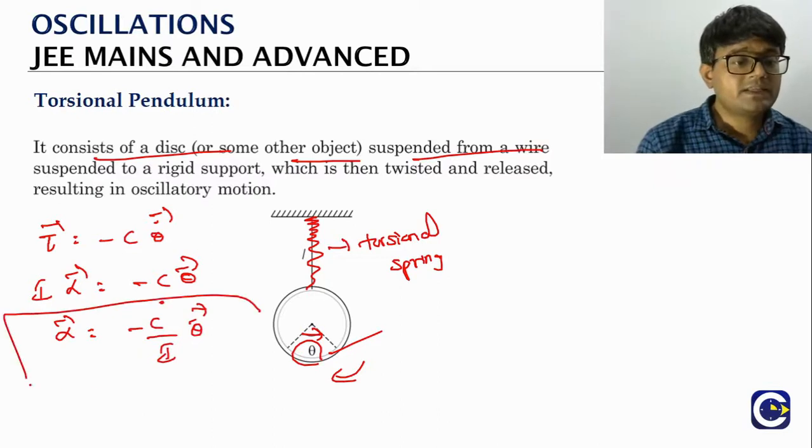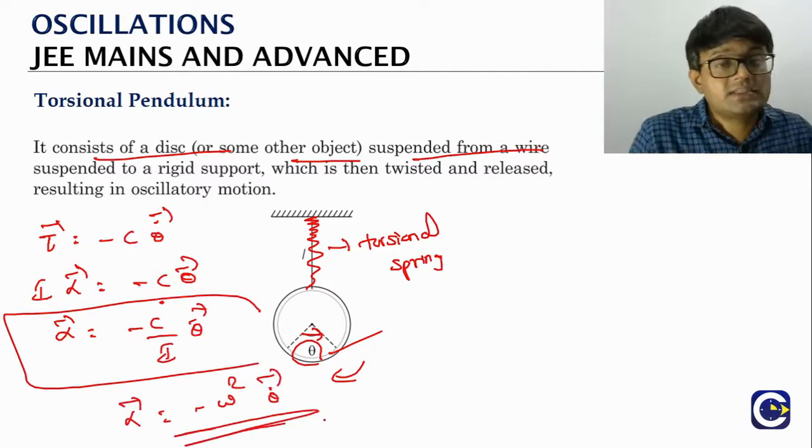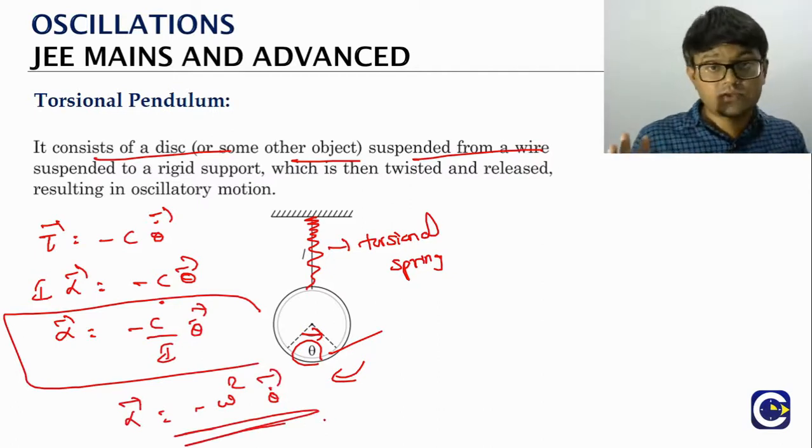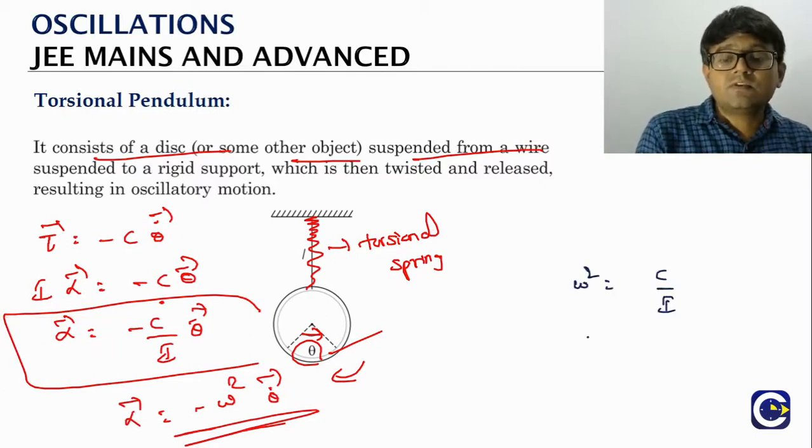If you compare this with the standard equation of angular SHM, alpha is equal to minus omega square theta, then by comparing both, omega square is equal to c by I, which means omega is equal to root of c by I.